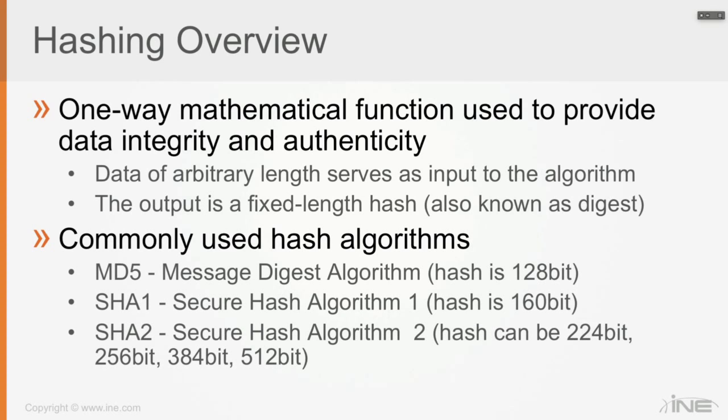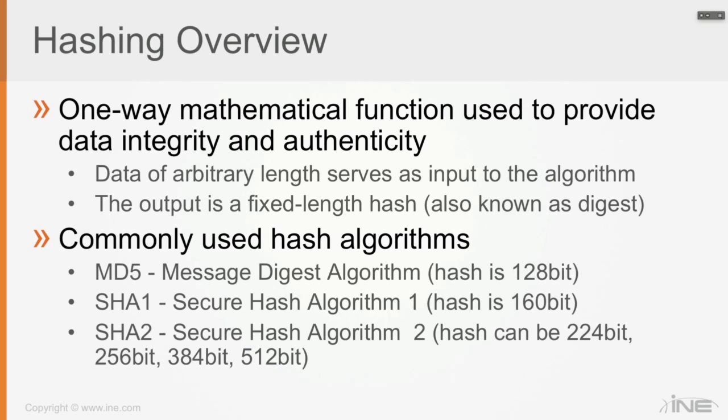Commonly used hash algorithms are MD5, which stands for Message Digest 5 algorithm, with a hash size of 128-bit; SHA-1, which stands for Secure Hash Algorithm version 1, which has a fixed hash length of 160-bit; and SHA-2, Secure Hash Algorithm version 2, where the hash can be 224-bit, 256-bit, 384-bit, or 512-bit in size.